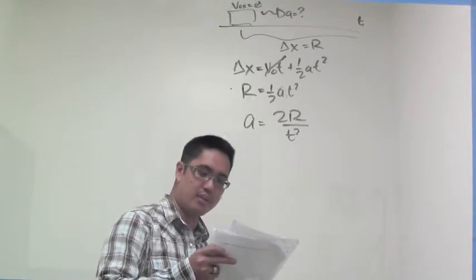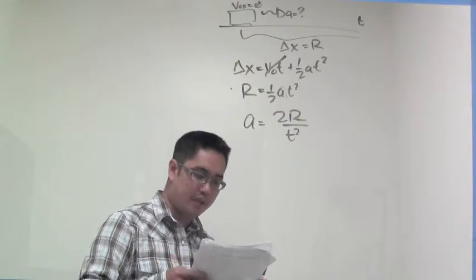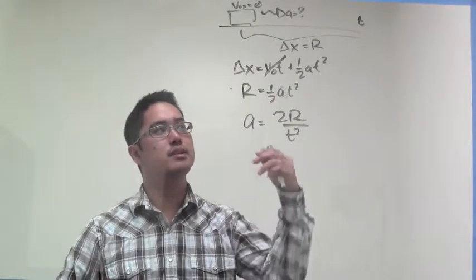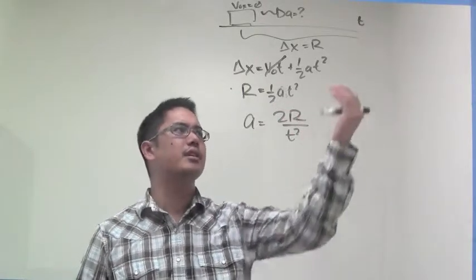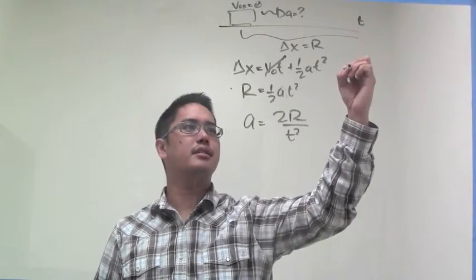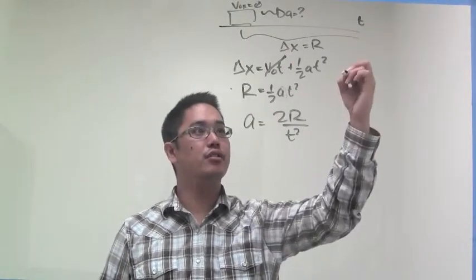Another thing that you guys can do: the display board gave you two things. It gave you the time that it took, and it also gave you the final velocity. If you want to figure out your a based off your final velocity, you don't need to use the time.